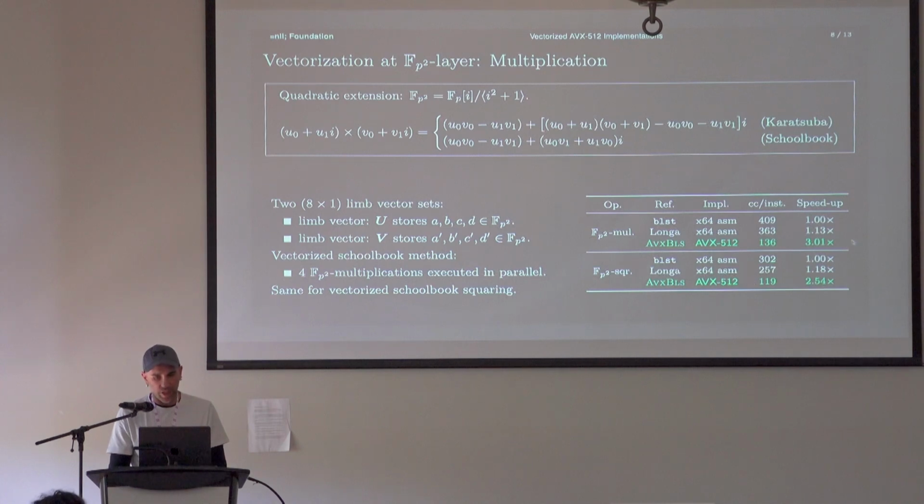And these are the speedups that we got. This is in green here. We can see that our vectorized multiplication over fp squared gives us a speedup of 3 times compared to the BLAST library, while in the case of fp squared squaring, we get a speedup of 2.54.